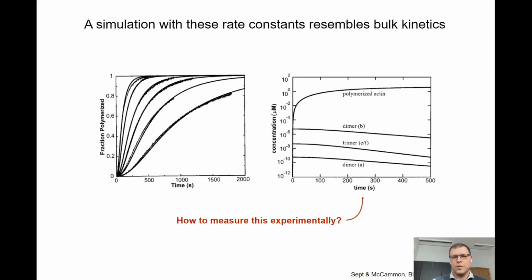Essentially, the simple task would be to quantify all polymer species dynamically using single molecule imaging. Well, I mean, who has ever tried to quantify this experimentally, for example, with single molecule fluorescence imaging, knows that this is a pretty hard task to do, especially if there are more species than just a couple.